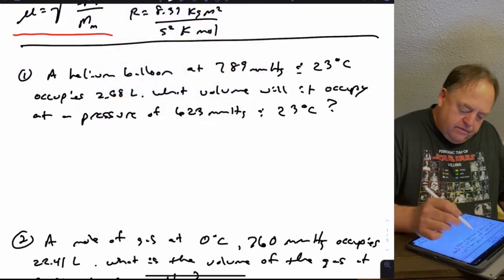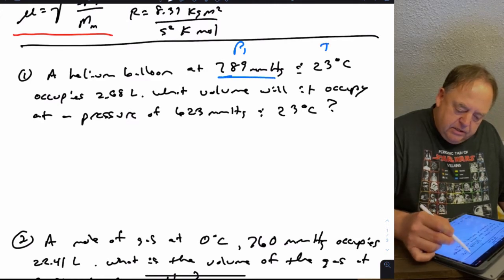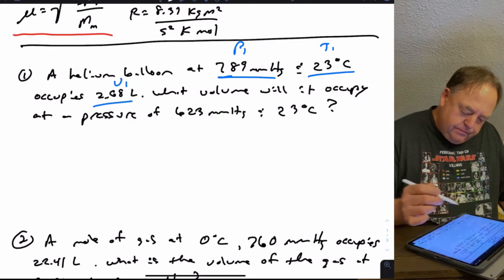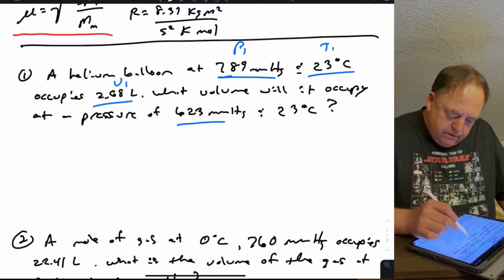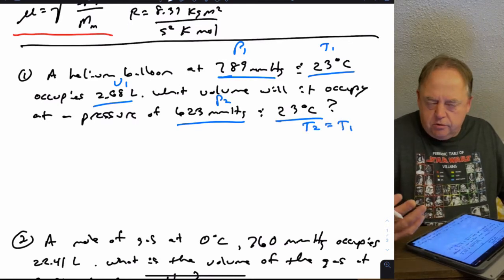Okay, so what are you given? You're given P1, you're given T1, and you're given V1, and then you're given also P2, and you're given T2. But if you notice, T2 equals T1, so temperature is a constant.